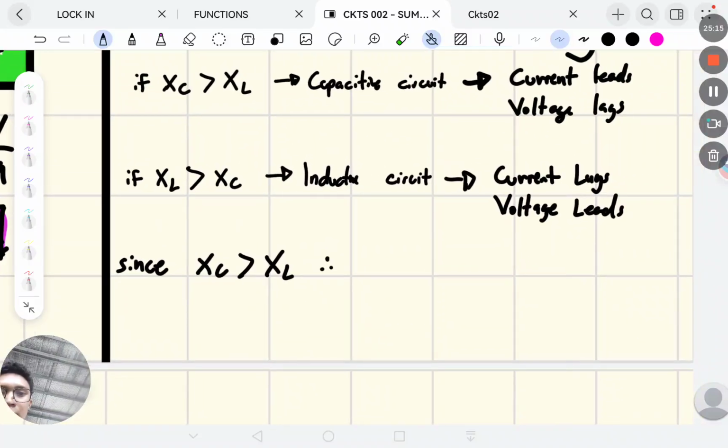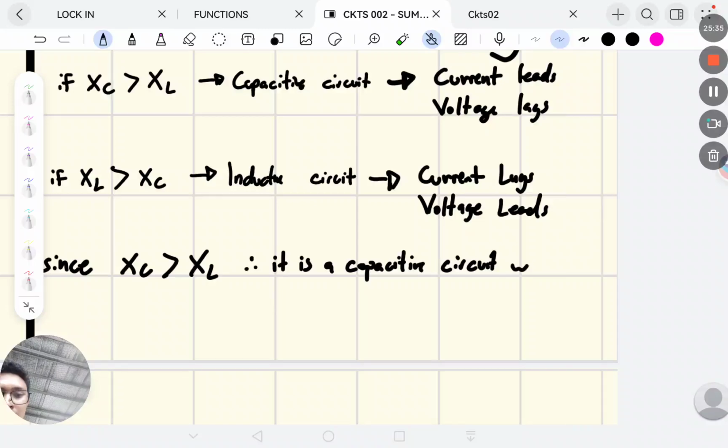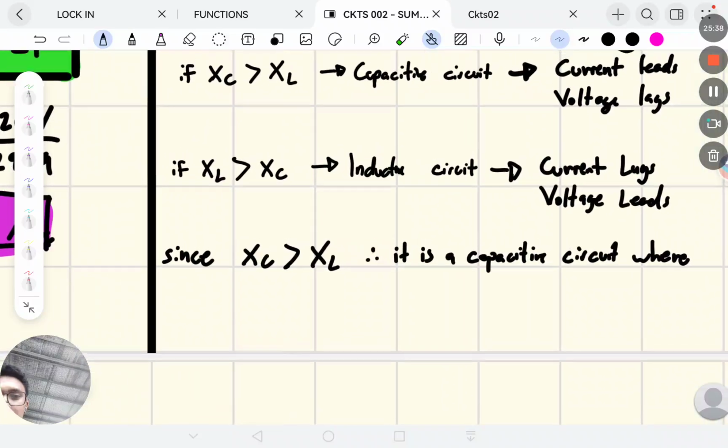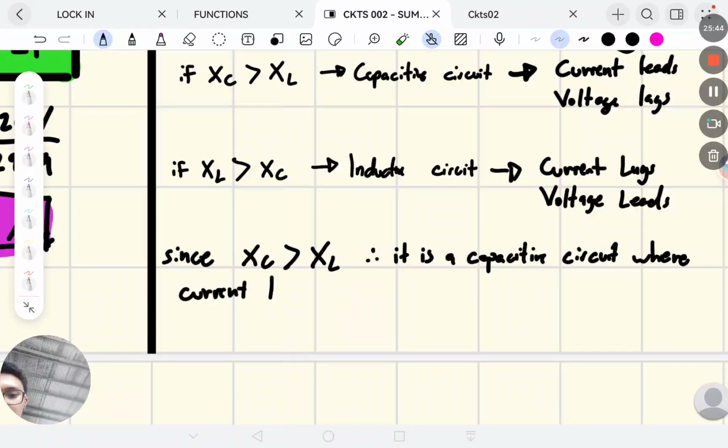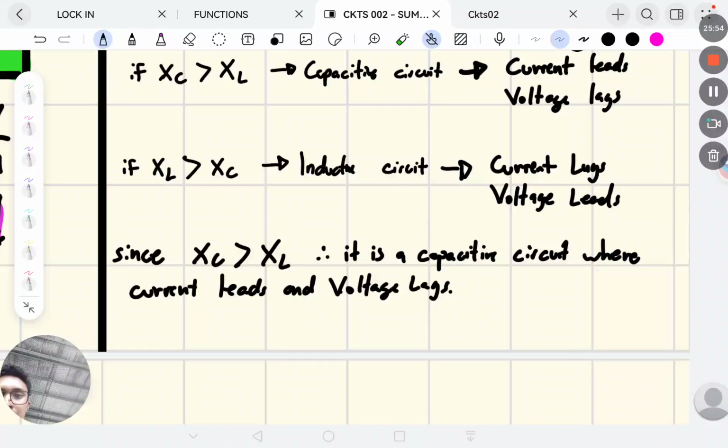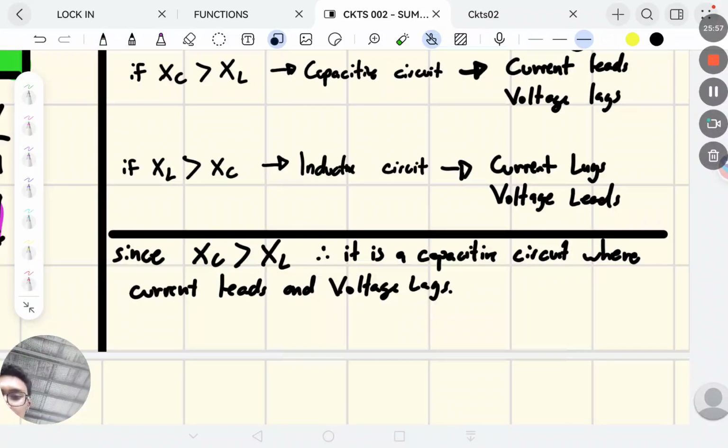Therefore, it is a capacitive circuit, where current leads and voltage lags. And this is our complete answer.